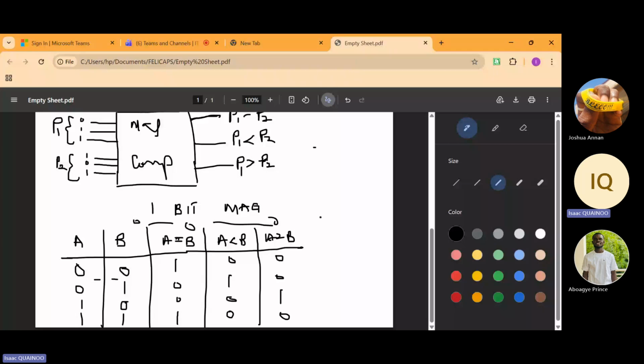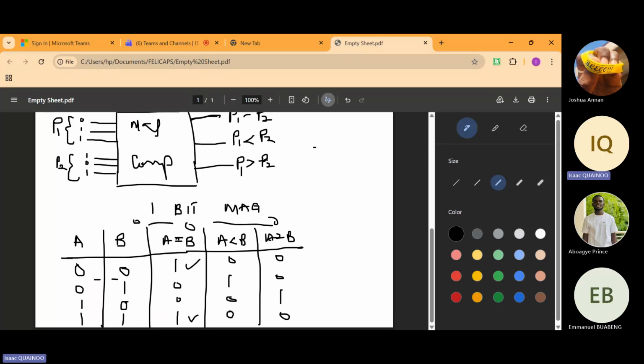Okay, so from this, let us derive our Boolean expression. To derive it, we do the same thing we did for other combinational circuits, like full adders, half adders, half subtractors, full subtractors, etc. We look at the output values that are high, which is this one and this one, and we ask ourselves, what are the corresponding input combinations?